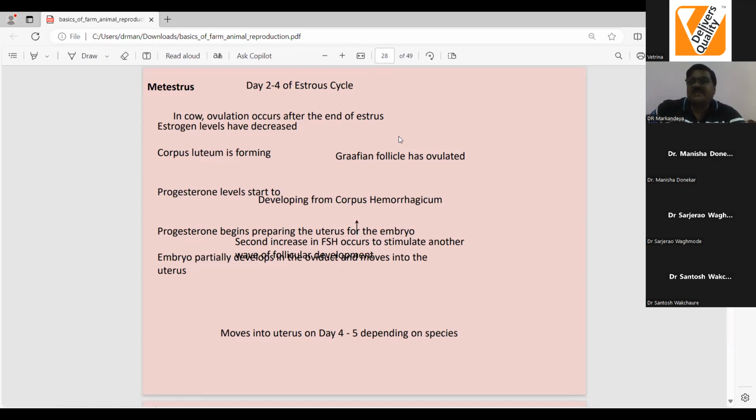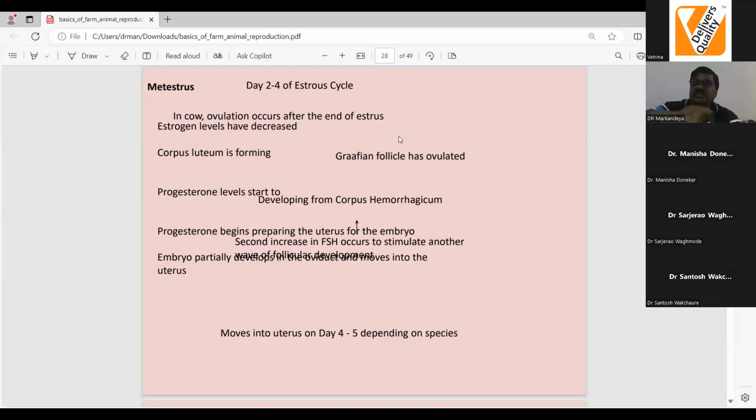This dominant pre-ovulatory follicle ruptures, it bursts, and the bursting is caused by many lytic enzymes. They cause lysis of the wall of the follicle. Many lytic enzymes, lysosomes, are breaking the wall of the follicle, and then the ova is released.